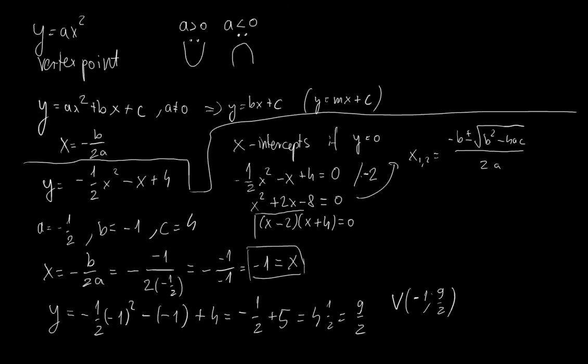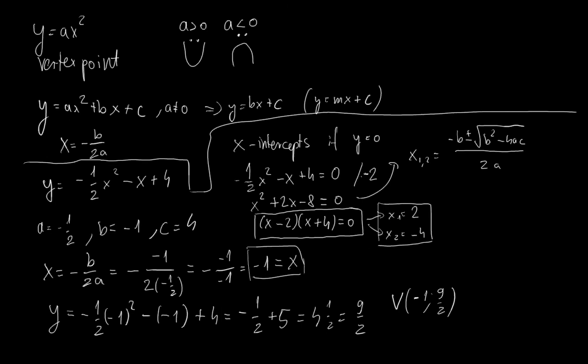But now say that we have this factored form, so this product will be 0 if and only if either x minus 2 or x plus 4 is 0. So the two solutions are x1 equals 2 and x2 equals minus 4.